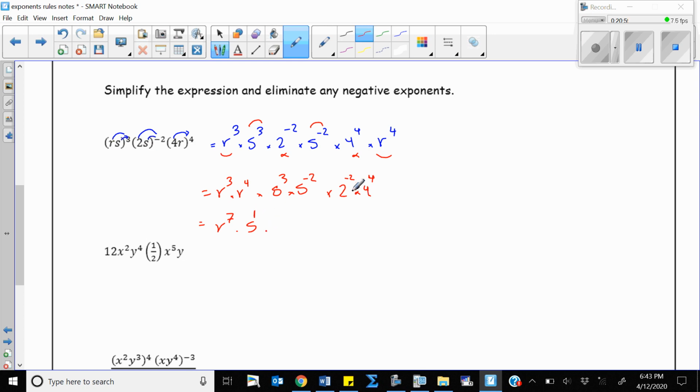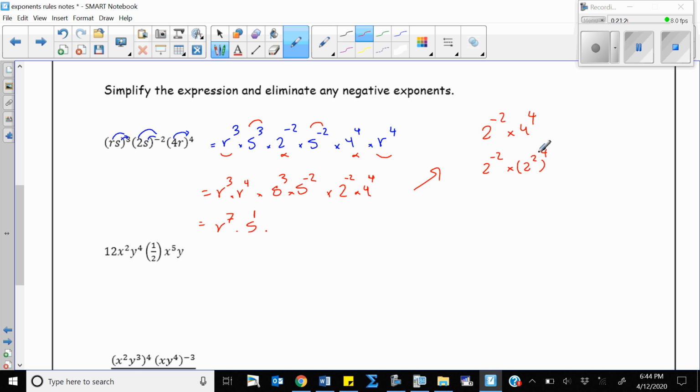And then here, 2 to the negative 2 and 4 to the 4. I can simplify this in this way. I'm going to write that here, 2 to negative 2 and 4 to 4. 4 is basically 2 to the power of 2, that is raised to the power of 4.